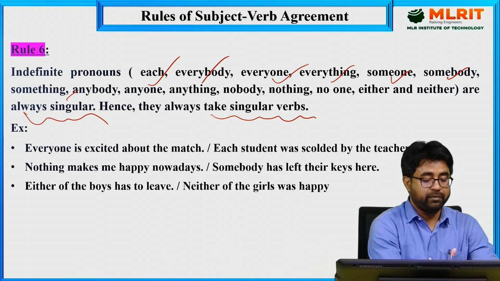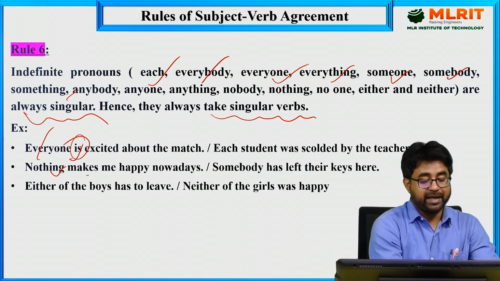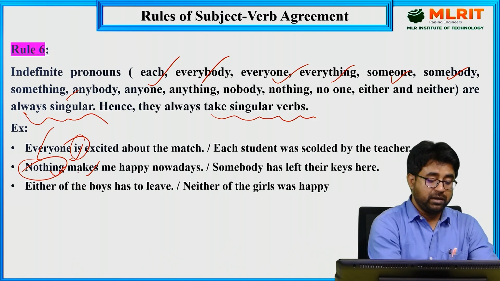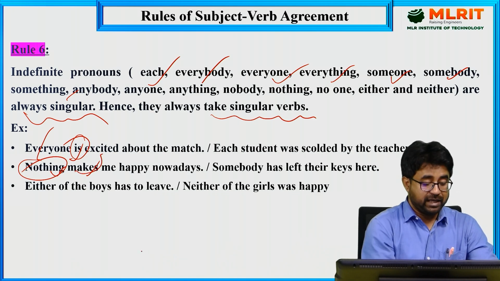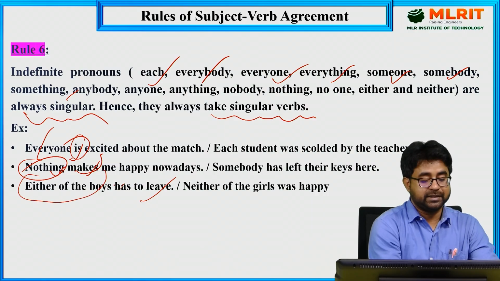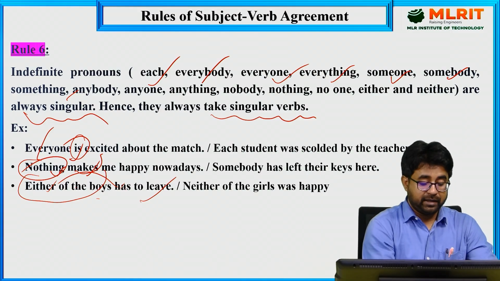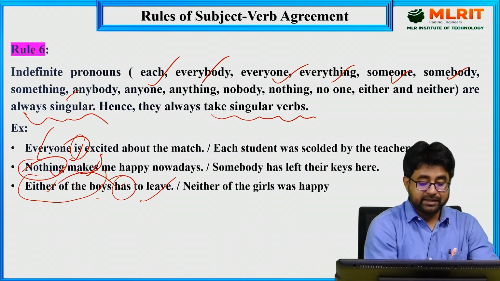See the example: everyone is excited. Everyone is singular, so hence "is." Nothing makes; nothing is singular, so that's why the singular verb "makes." Either of the boys has to leave. Either here is working as an indefinite pronoun, so I am using a singular verb.